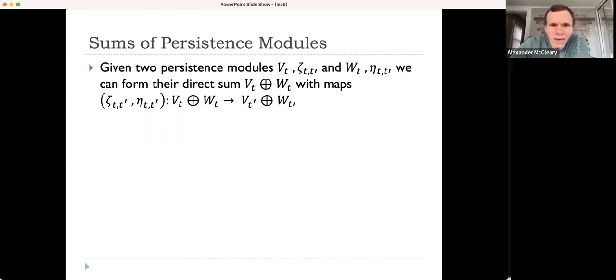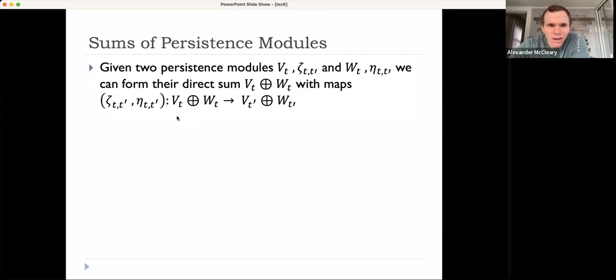So if we want to get a map from VT plus WT into VT prime plus WT prime, we can define the map on the first coordinate, which is VT. We have a map from VT to VT prime, and we also have a map from WT to WT prime. So we can just define this map coordinate-wise.